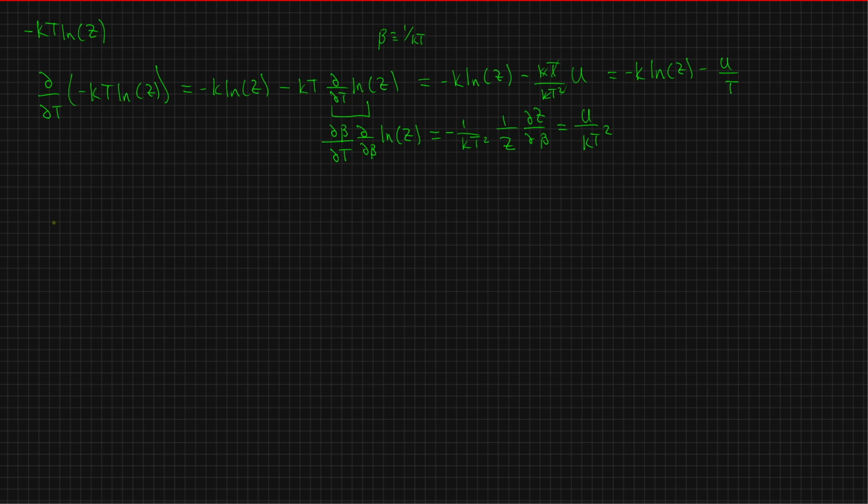So let's go ahead and call this quantity F tilde. It's minus KT ln of Z. And if we make that substitution up here, we see that it obeys the same relationship as F. Specifically, the same differential relationship.